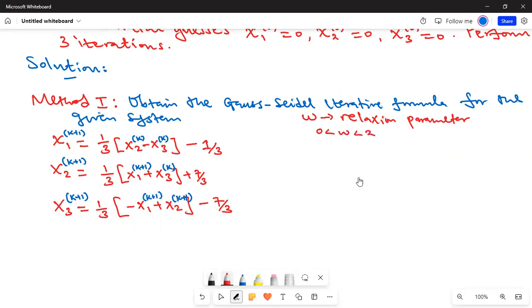So that when lambda, not lambda but omega, when omega is equal to 1, then it will correspond to the Gauss-Seidel method. When omega is less than 1, then it means we'll now be talking of under relaxation.